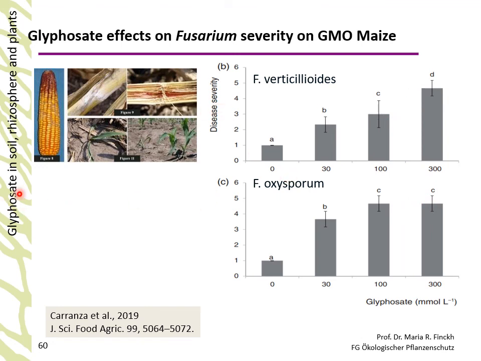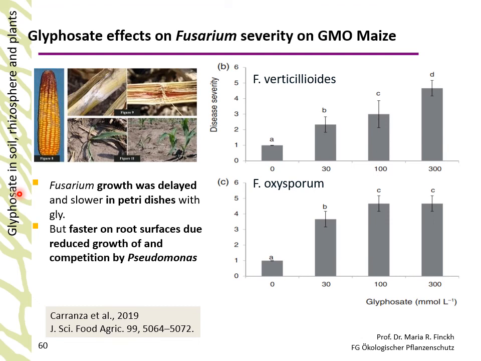The interesting thing was, when they did it in Petri plates, both of these Fusarium pathogens were also slowed down in their growth by glyphosate. So these pathogens also suffer from glyphosate, but less.